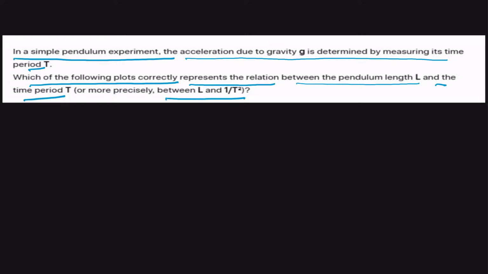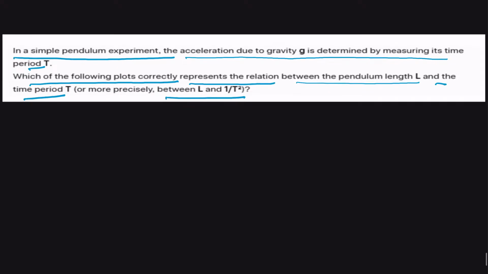Basically, the graph is plotted between L versus 1 upon t square. So this is the graph.